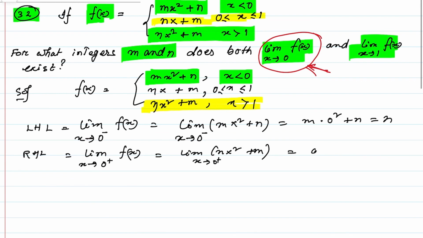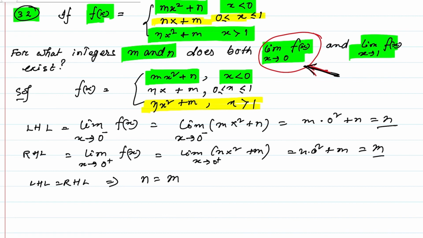So it will be n into 0 plus m, that's going to be again m. So now you see this limit will exist if and only if left hand limit is equal to right hand limit, which implies that here you see left hand limit is n, right hand limit is m, which implies n is equal to m.